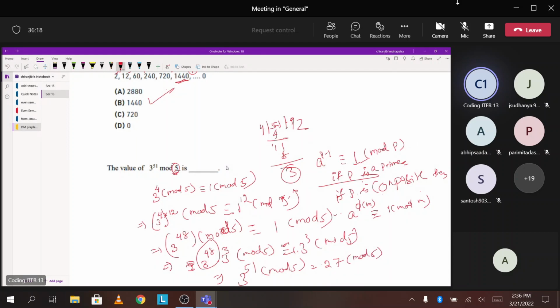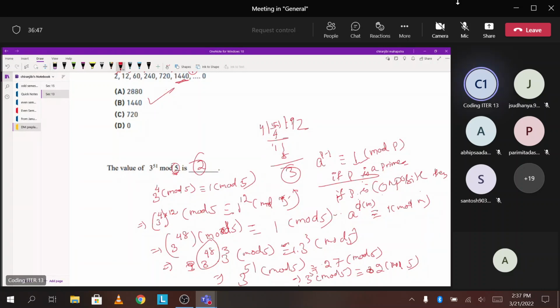So 27 is 2 over here. So 3 to the power 51 mod 5 is congruent to 2 mod 5. Fine. So that's why the answer is 2.